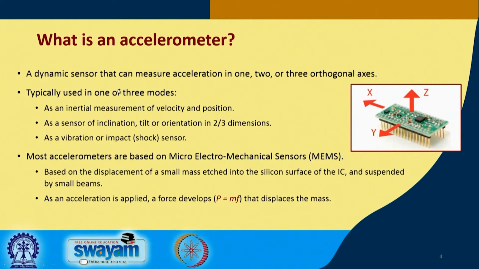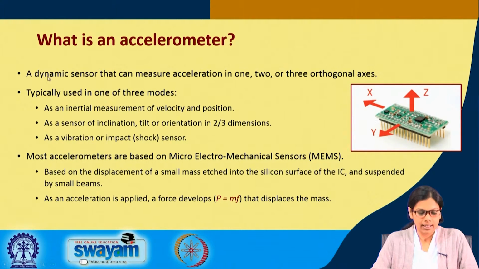So, what is an accelerometer? It is defined as a dynamic sensor that can measure acceleration in 1, 2 or 3 orthogonal axes, that is x, y and z. And typically it is used in one of three modes.